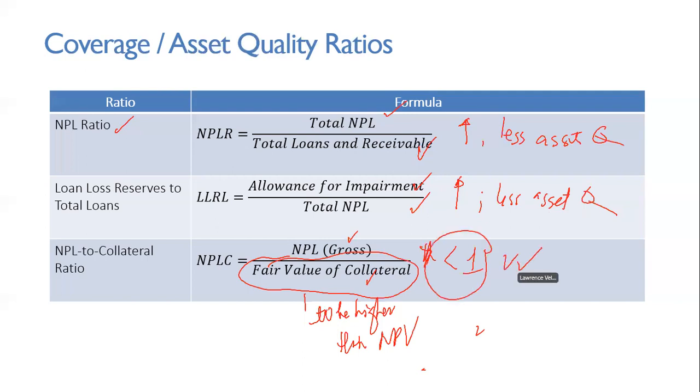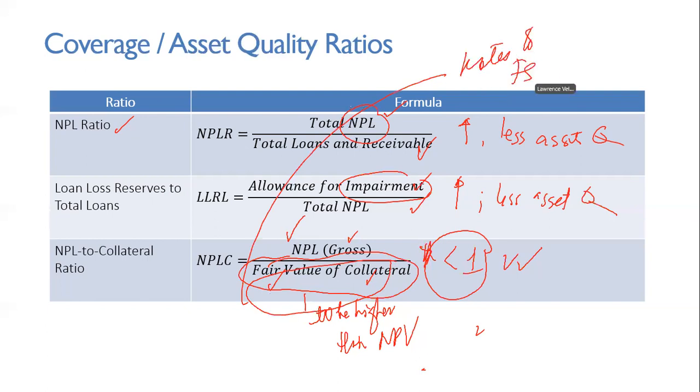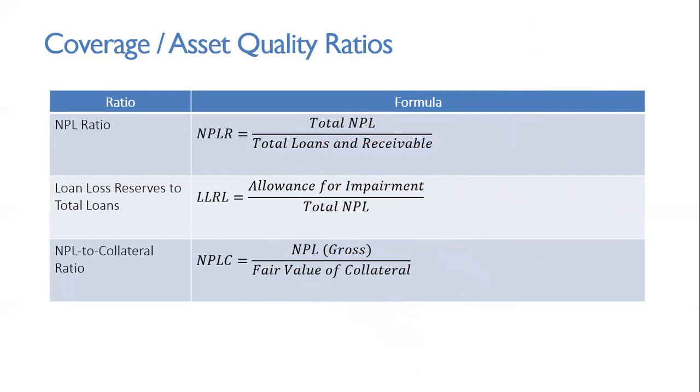If this is more than 1, ibig sabihin you have more NPL versus the value of collateral. So that's a problem. These items, yung NPL, impairment, fair value of collateral, these are all included in the notes to the financial statement of banks. That's where you'll find it.